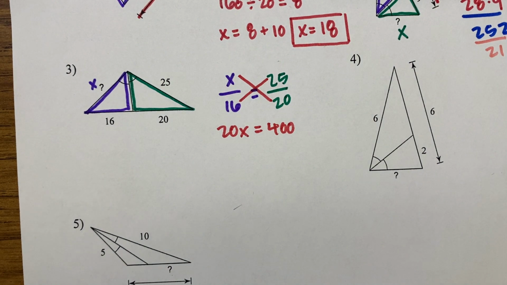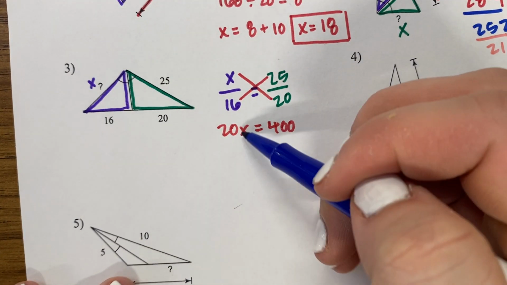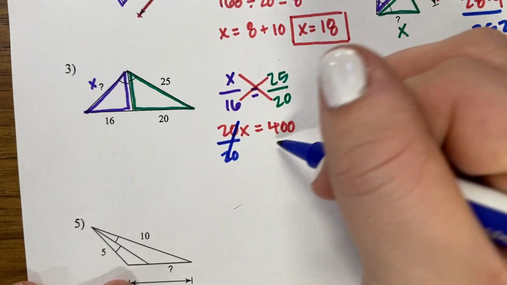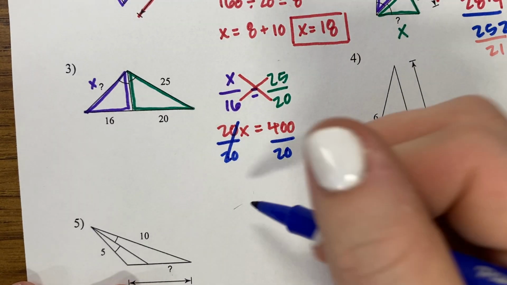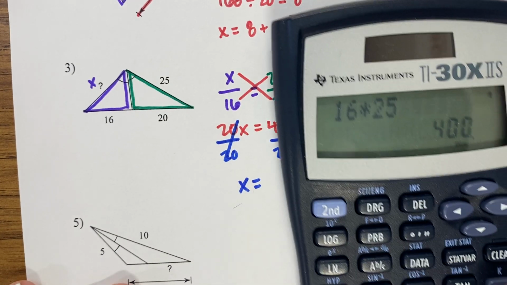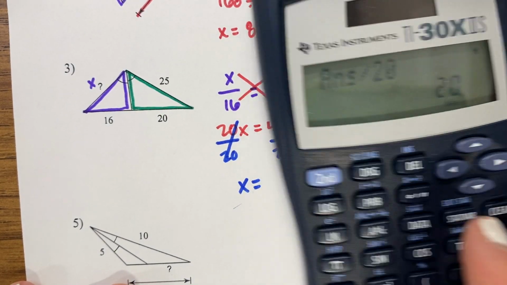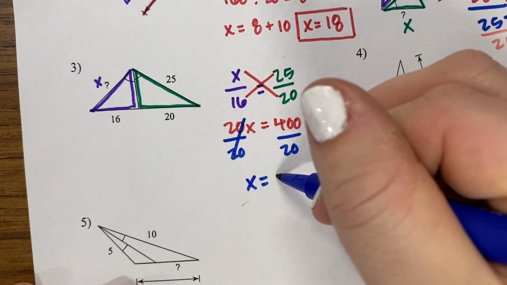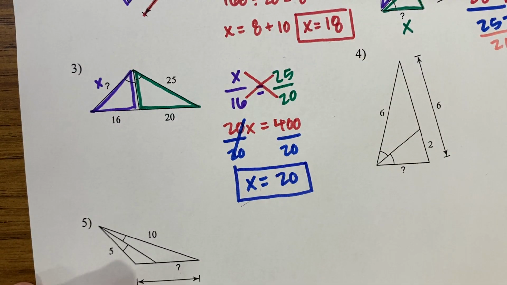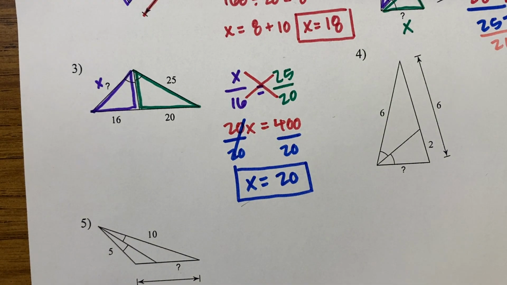So we do the opposite of times by 20 to get x by itself, which is to divide by 20. And we get that x is equal to 400 divided by 20, which is 20. And there we go. Beautiful.